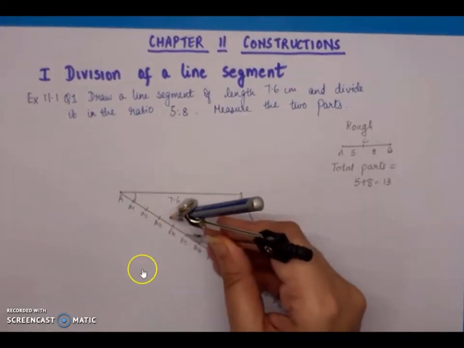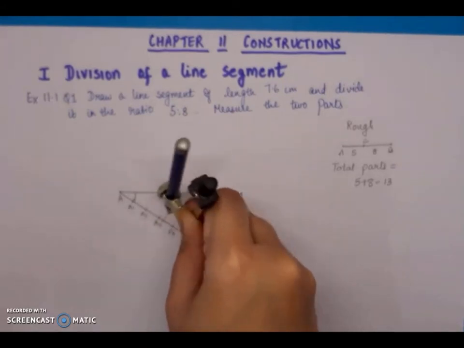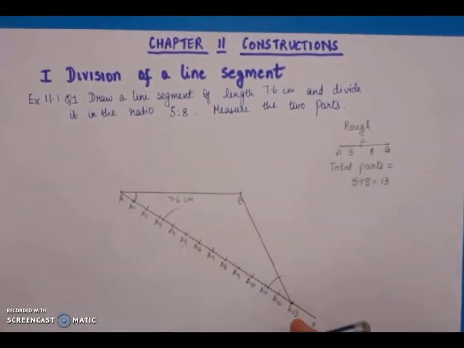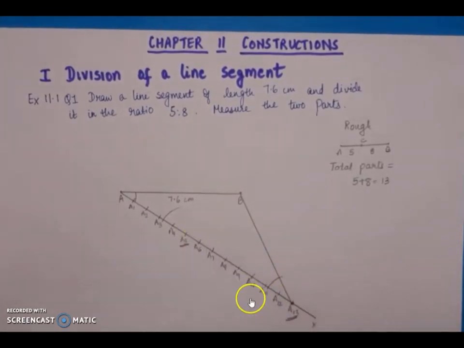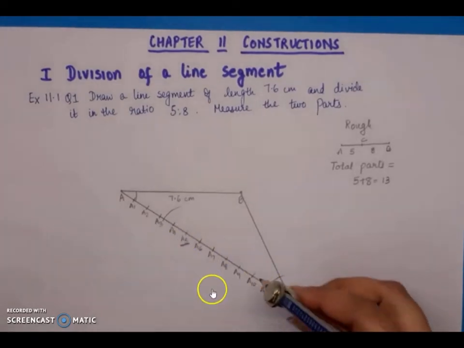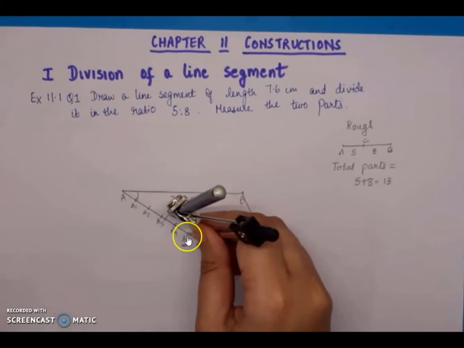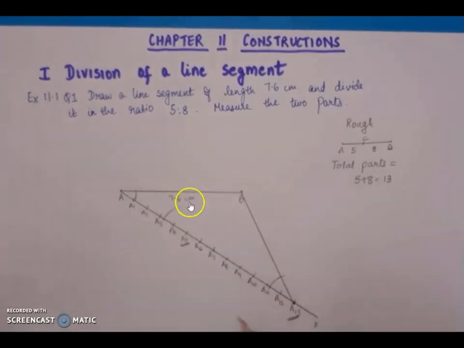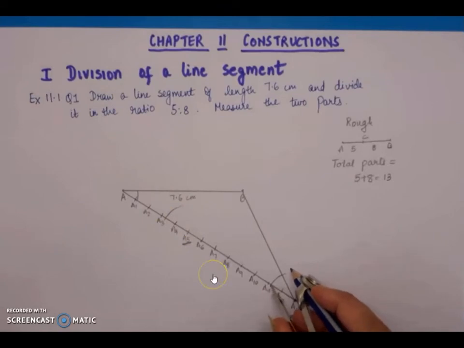So right now what I am doing is I am copying the angle. So for that I have taken an arc of any measure. Then I have kept the pointer at A13 and A5 and I have cut these two arcs. So this is the first arc that I am cutting, and then without changing the radius from A5 I have cut one more arc.